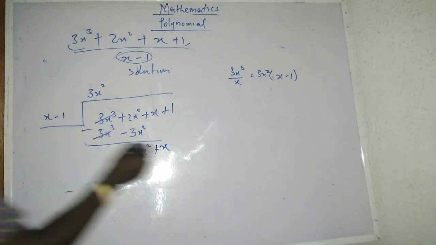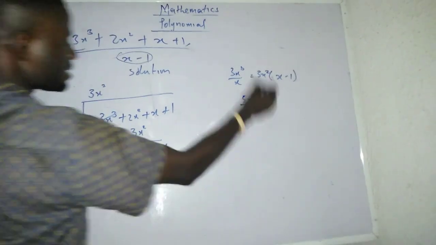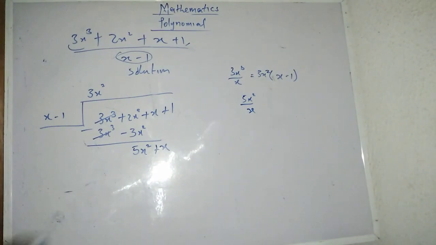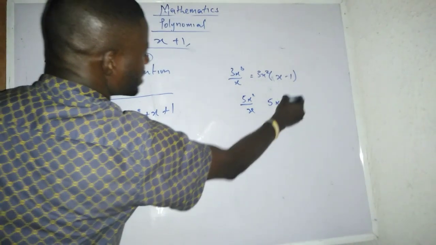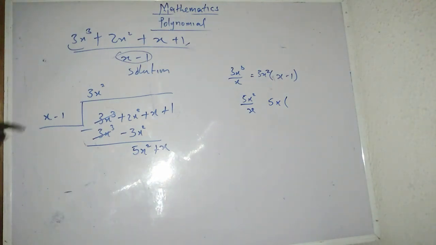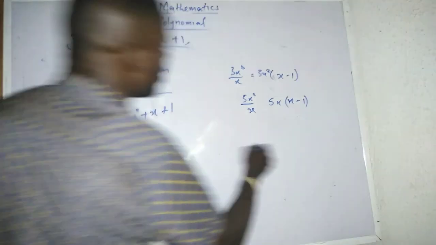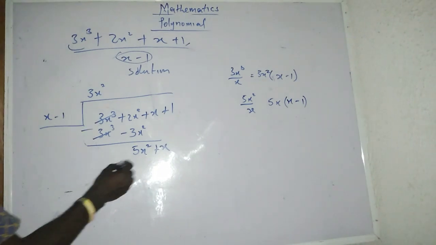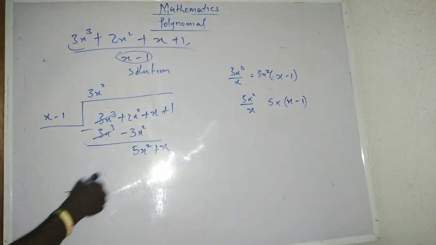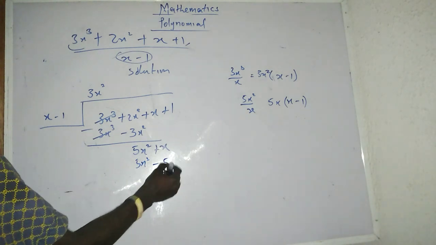Now, I can move on. 5x squared divided by x, which I will have 5x. I will use 5x to multiply my divisor, which is x minus 1, which I will have 5x squared minus 5x.